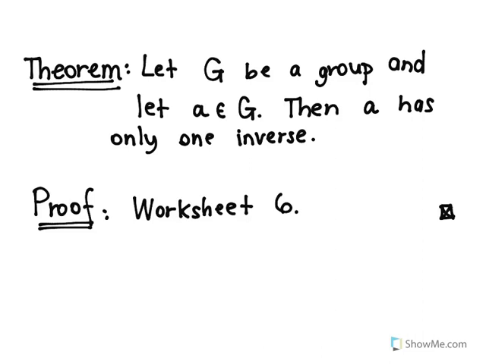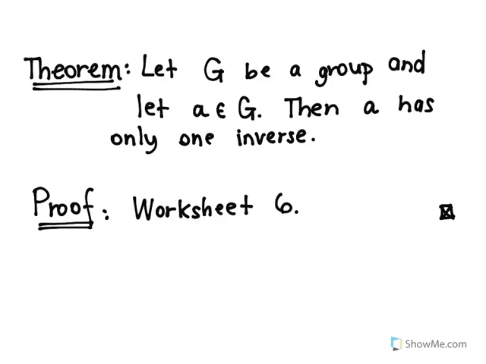Maybe a quick comment about this theorem before we look at our last property is that this is something, again, that's been sort of implicit in the notation and language we've been using when we talked about groups. So it's a good thing we're checking it's true.